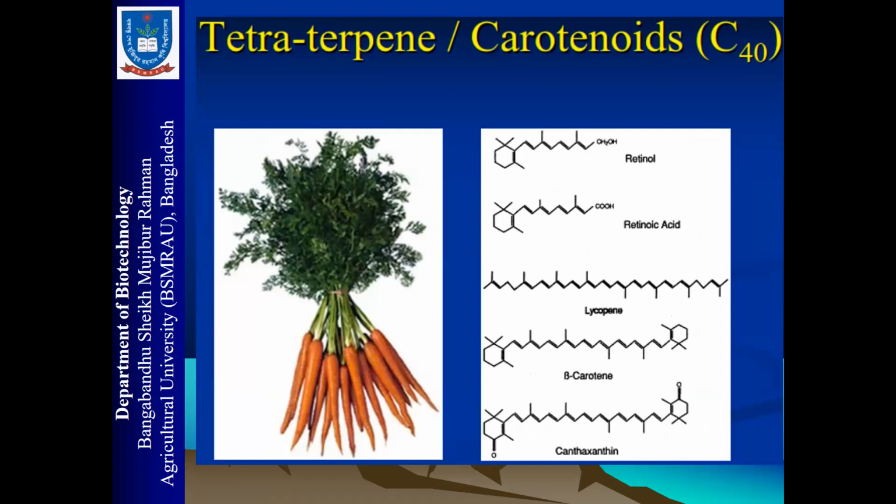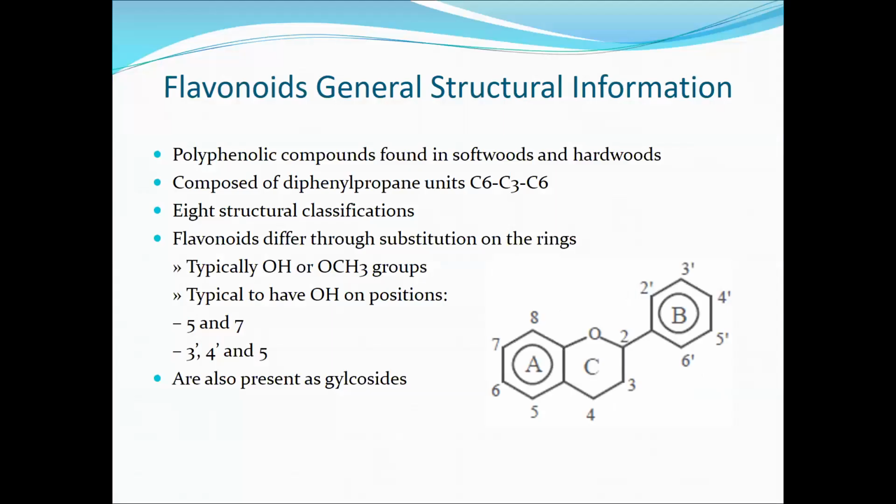Tetraterpene, carotenoids. Carrot is very rich in carotenoids. These are the brief description and classification of the terpenoids. And terpenoids are a very important group of ecochemicals. They play a vital role in communication of the producer, as many of them are volatile.